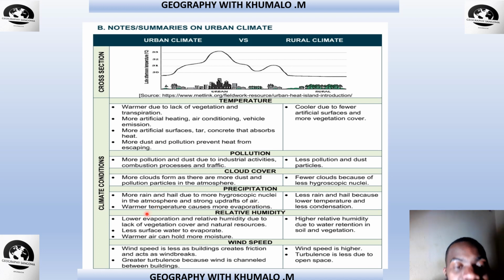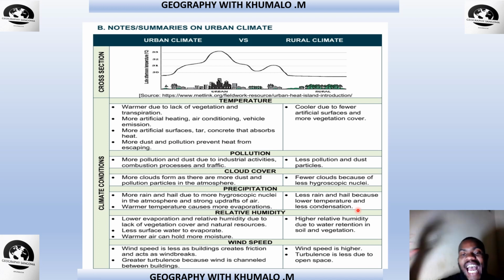Also in the urban areas, warmer temperatures cause more evaporation, while in the rural areas there is less rain and hail because of low temperatures, low evaporation and less condensation. Then there will be less rainfall.